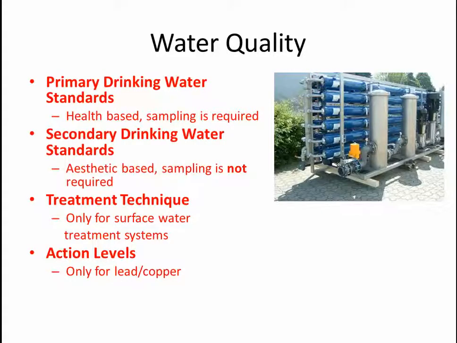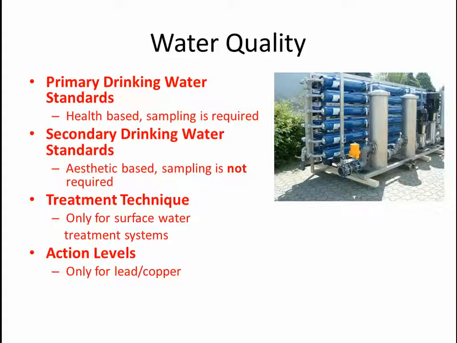Okay, so let's talk about our water quality standards. This whole slide is in red because all of these things have been known to be questions on the exam. So primary drinking water standards, those standards are health-based standards where sampling is absolutely required. So like coliform bacteria, nitrate, sulfate, we have primary standards for those. We also have secondary standards.